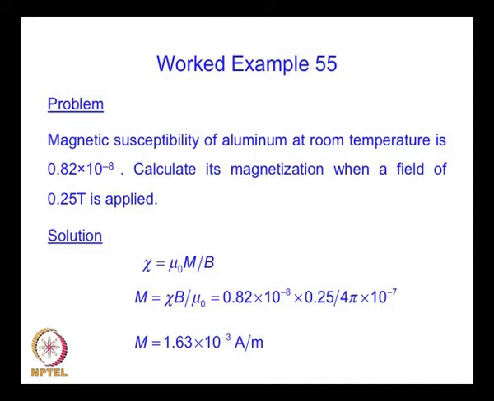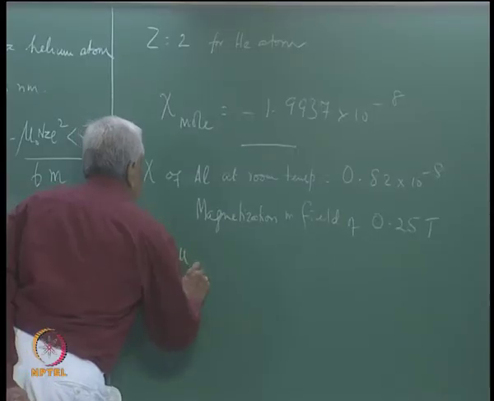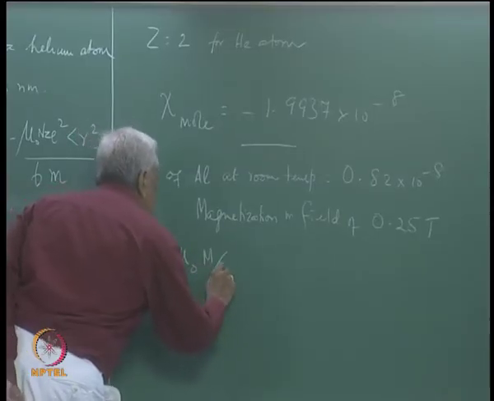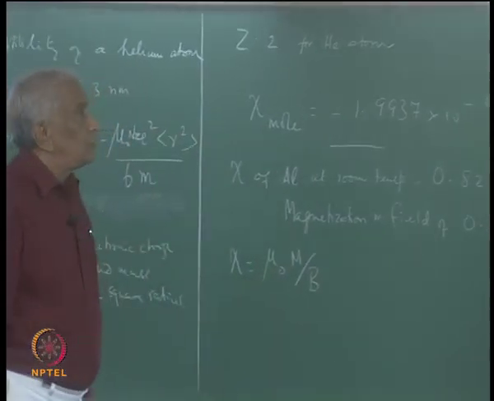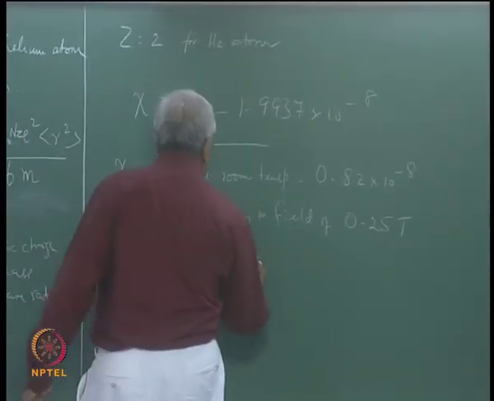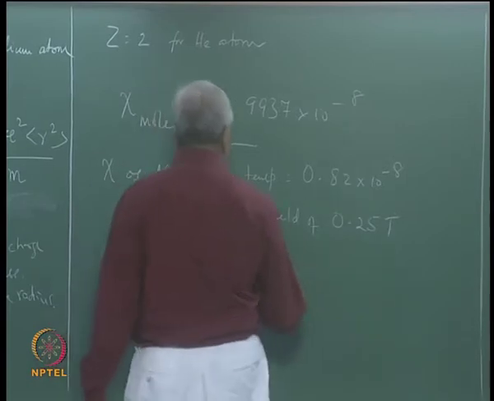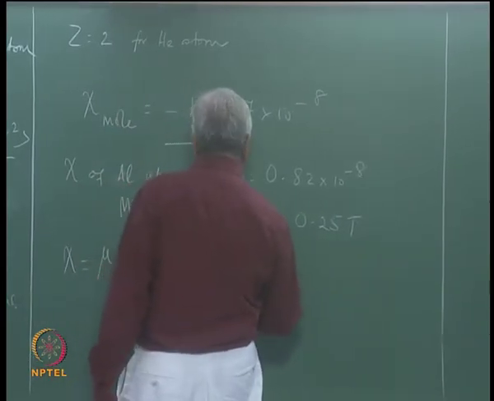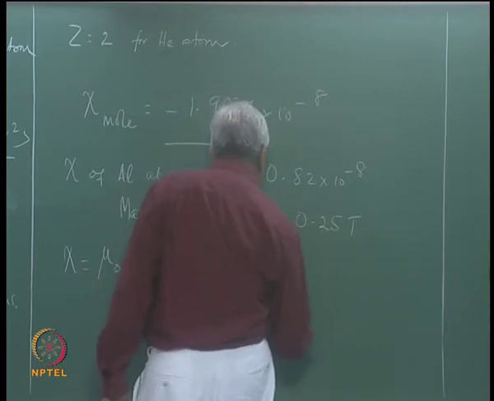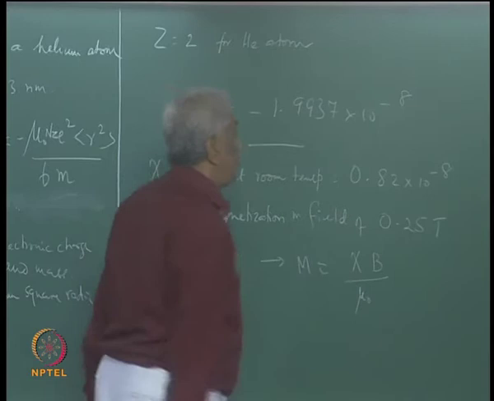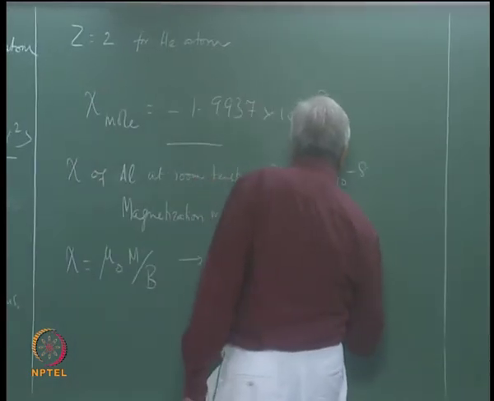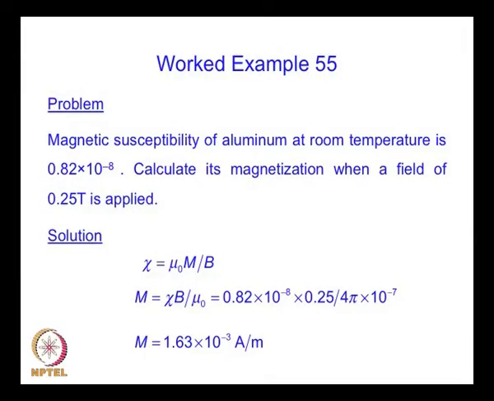Again we know the relation between the susceptibility, mu naught M by B. So the magnetization is chi times B by mu naught. So substituting the values, it turns out that we have into 10 to the power minus 3.